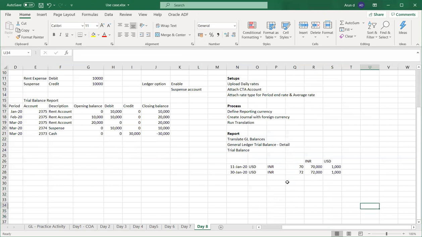This will basically identify the difference. In this case, the system will identify that this is a gain for me.